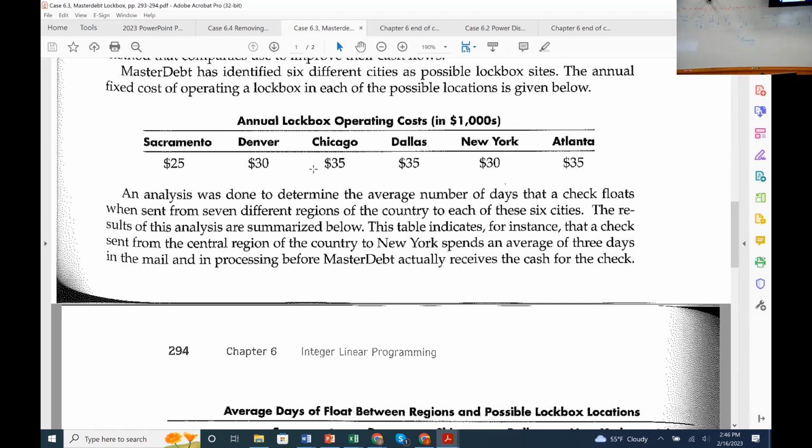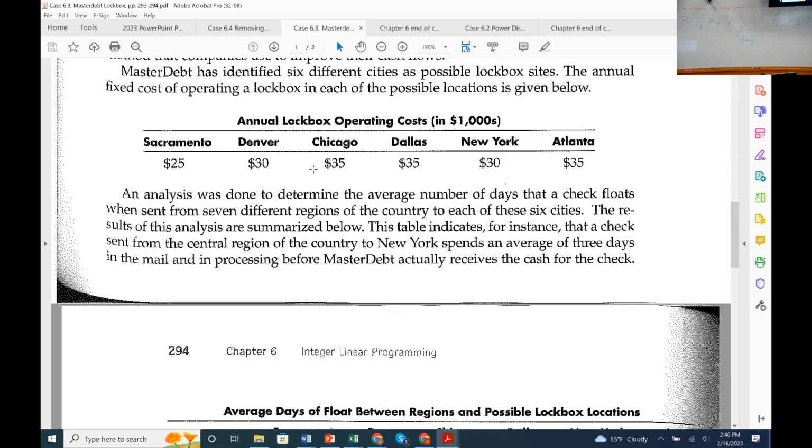But my inference is the variable cost is the same at every lockbox, so we don't worry about it. If you've got 1 million checks that need to be deposited, we're going to deposit 1 million checks. There's no way we're going to just not deposit a check. So if the variable costs are the same in all the regions, there's no need to explicitly include it.